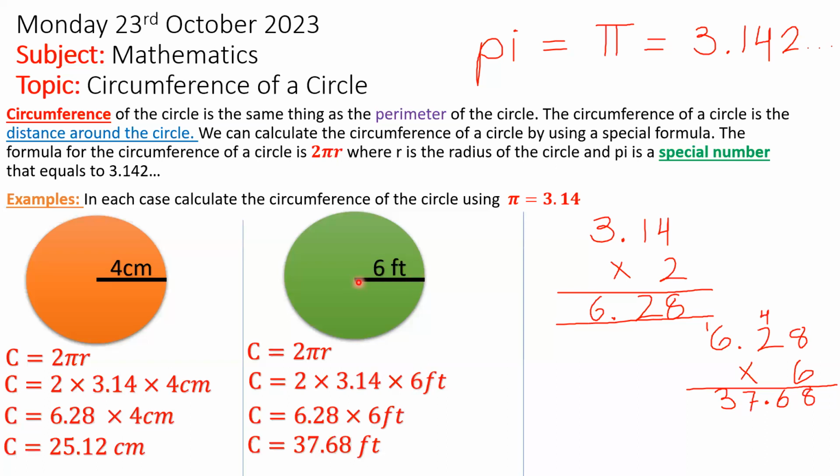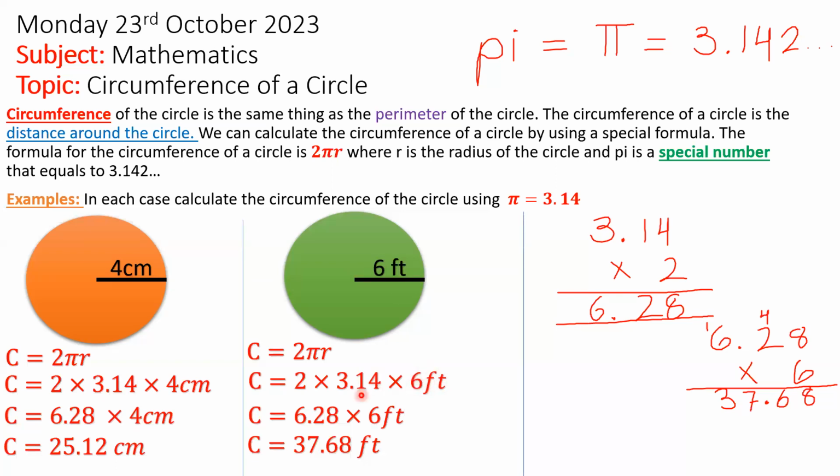The radius is half of the diameter. Basically, it's the length from the center of the circle to any point on the edge. Here it's 6 feet, so that's why we put 6 feet right there.